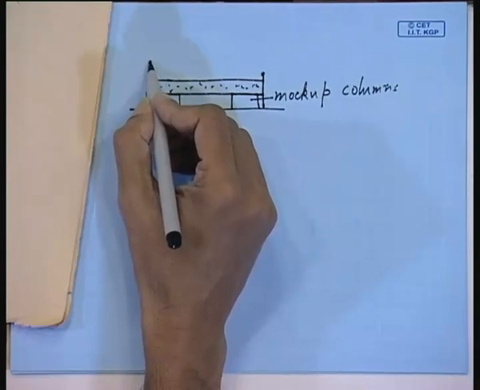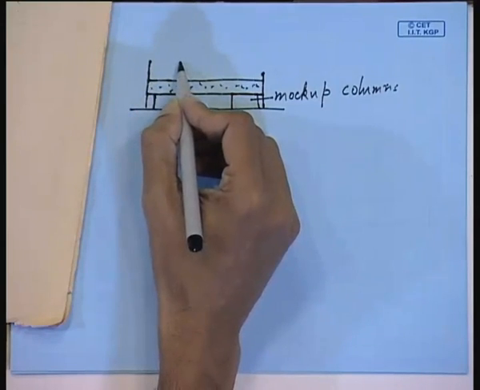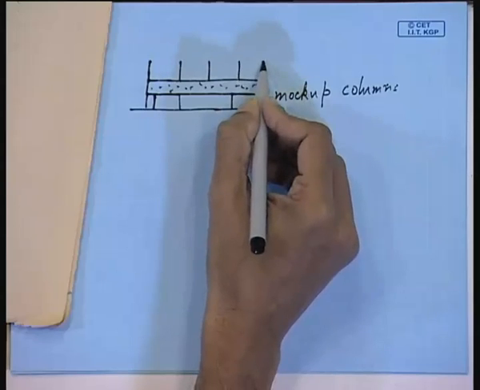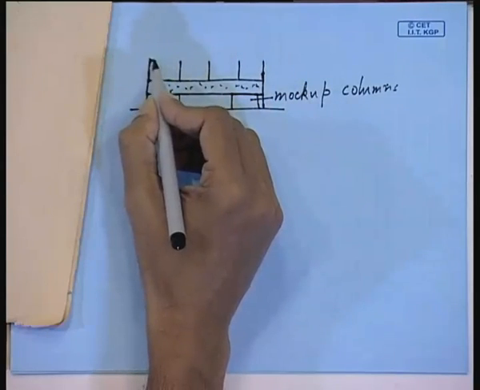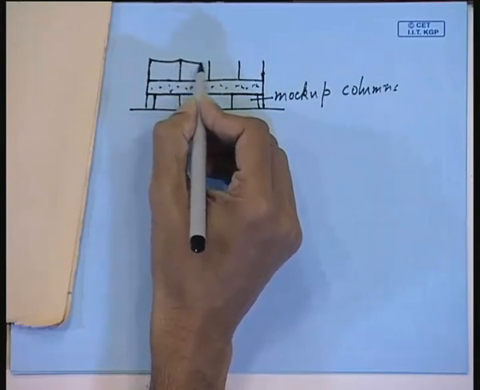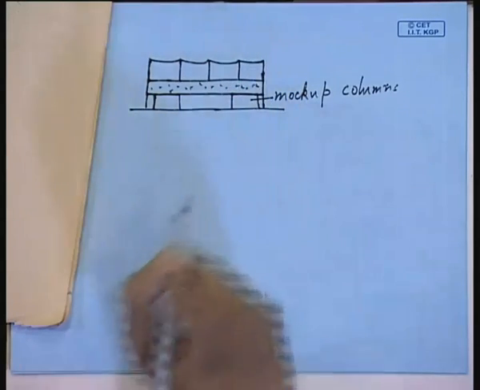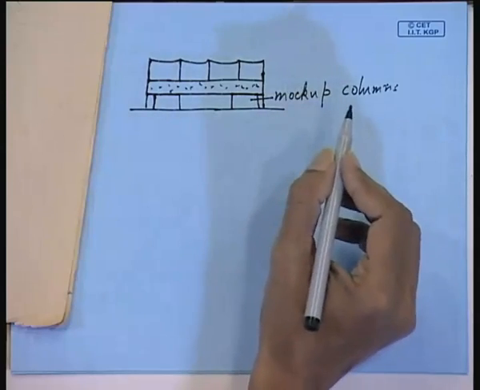Now, you build part of the caisson out here. Now, these caissons at the top, you will find this is open, it is not closed. You build like this in your shipyard.